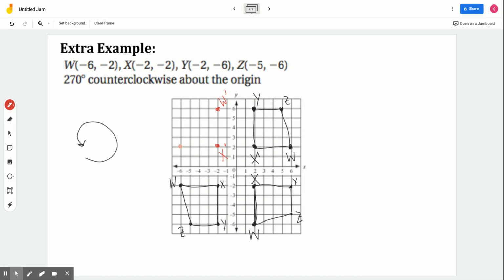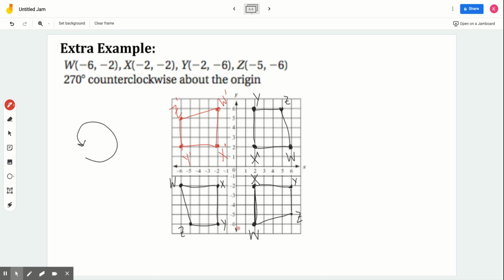Away from my x will be y prime. And then here I will have z prime. So I can have my final image of my trapezoid. So I have rotated 270 degrees counterclockwise.